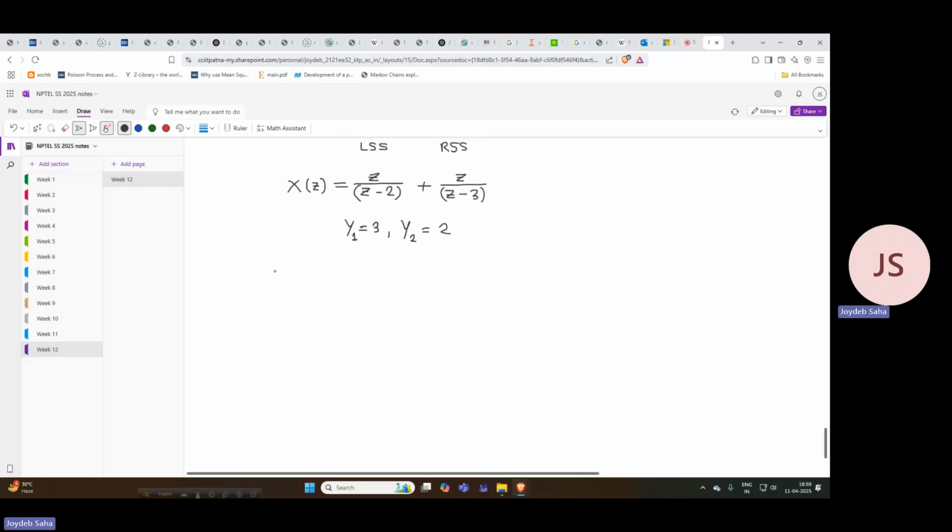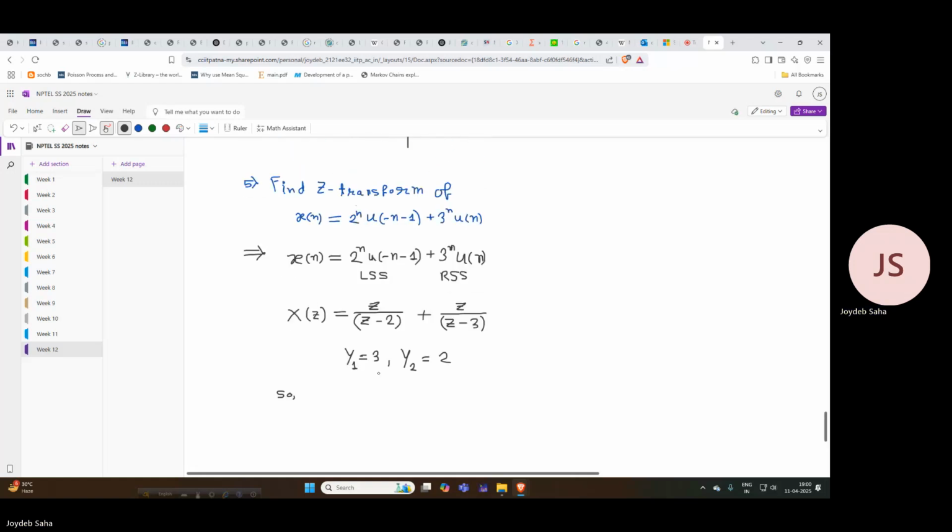So that means, now please check whether this is understandable or not till now. This is a left-sided signal, this is a right-sided signal. And this is the Z transform, this z by z minus 2 and z by z minus 3. Okay. Is this clear till now?